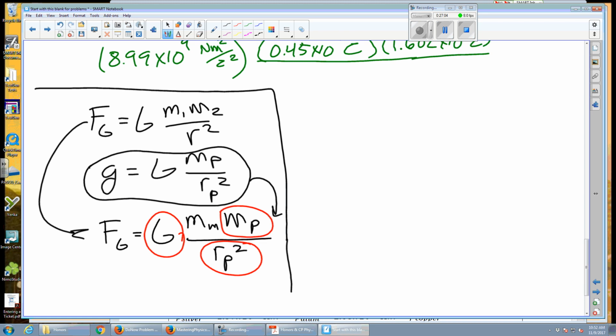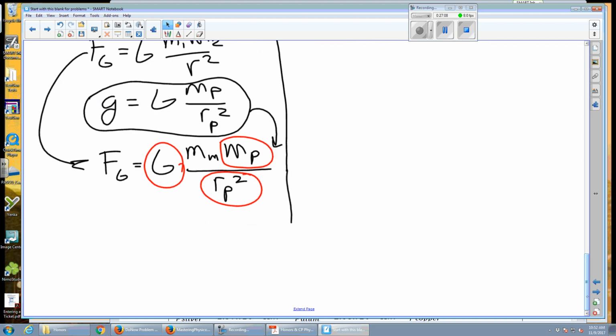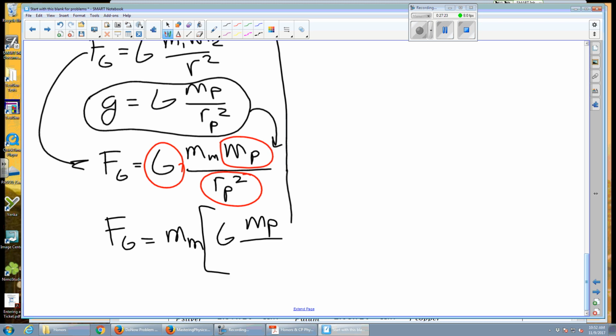So I think I need to do one more algebraic step so I don't lose people. I'm going to rearrange this bottom equation to be F sub g equals, I can pull my mass out front, and then have a big bracket here, and this be G mp over rp squared. But that is that.